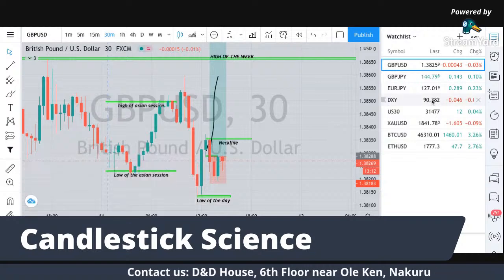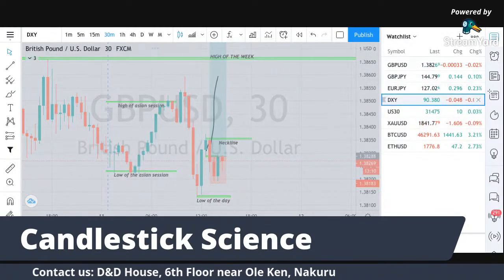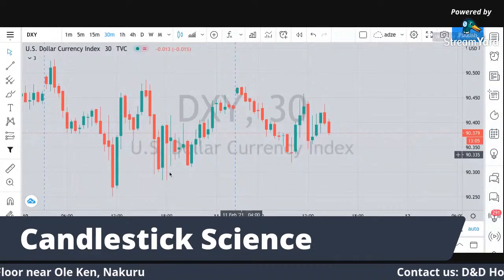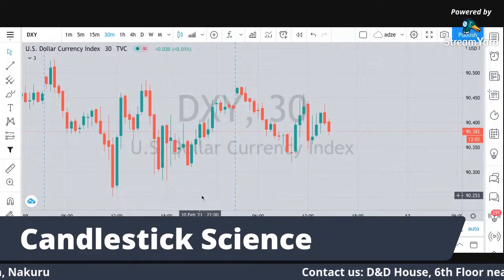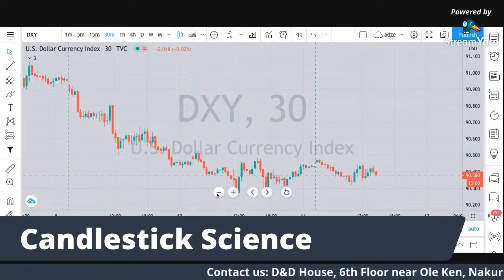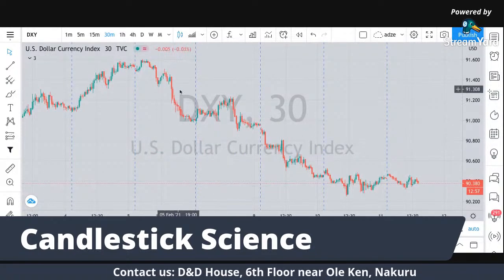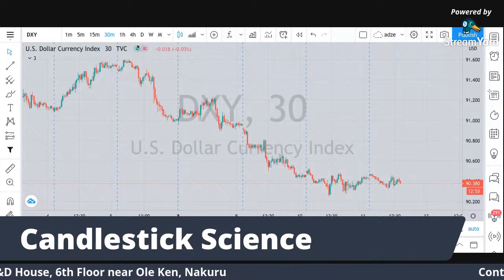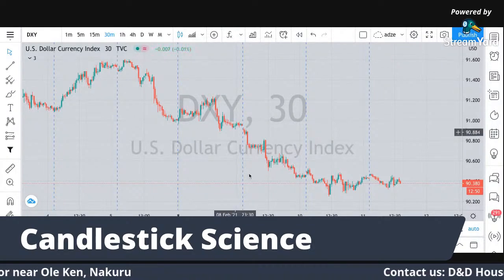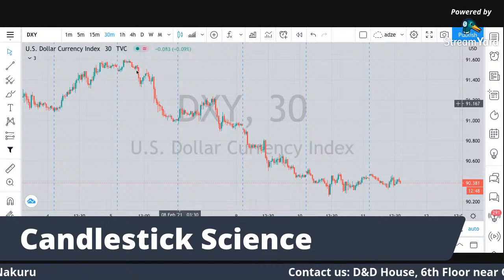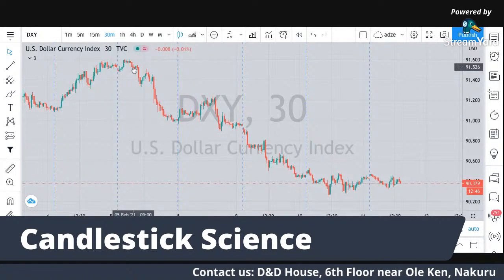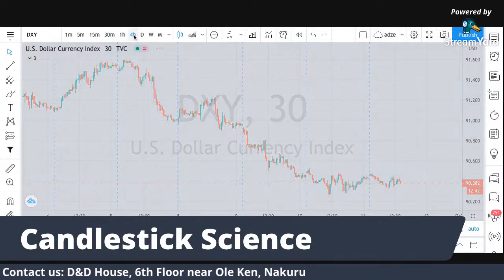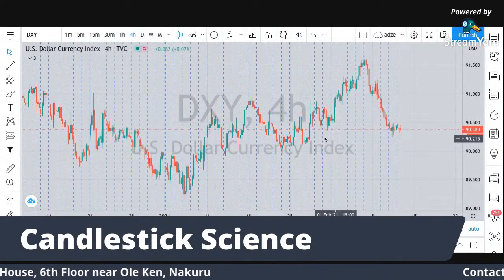Let's look at its performance. This is how the dollar index looks. Man, this thing has been ranging since yesterday. Look at it. Because there are guys who trade stocks, right? There are guys who trade the indices. So price has been dropping since the 5th of February. Let's look at the higher time frame. This is how it looks.